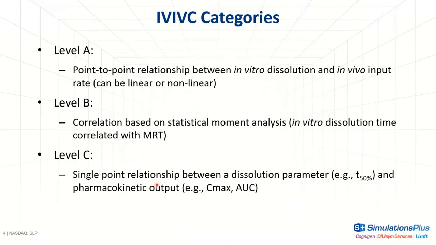Could be a single point relationship between one in vitro dissolution parameter and the PK output. Could be correlation based on statistical moment analysis, but probably the most common one is the level A IVIVC, which is a point-to-point relationship between in vitro dissolution and in vivo input rate. And this relationship can be linear or non-linear depending on the formulation.